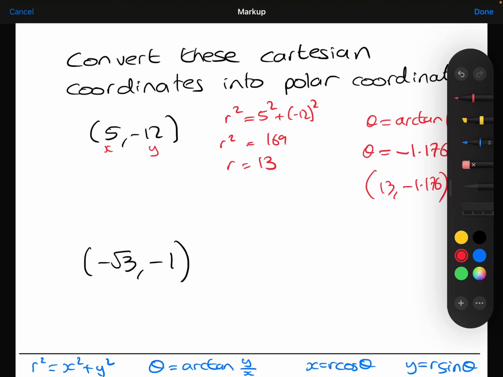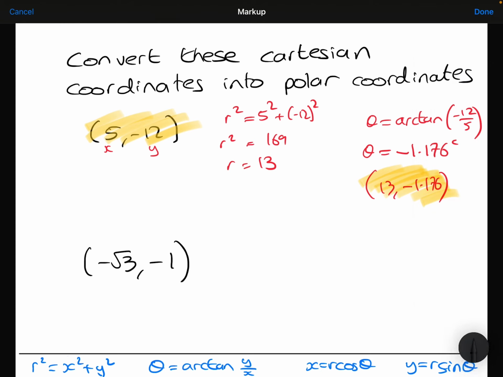5, minus 12. What I'm saying here is this coordinate here is exactly the same as this coordinate here. Just one's in Cartesian form, one's in polar form. Just to help you visualize, let's draw that out. So in Cartesian form, the 5, minus 12 is down here.